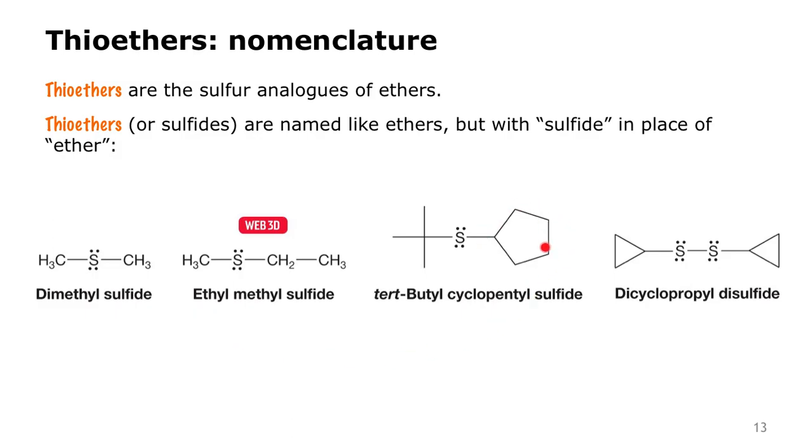Here we have a cyclopentyl group and a tert-butyl group, so tert-butyl cyclopentyl sulfide. And unlike oxygen compounds, where an oxygen-oxygen bond is quite rare, sulfur-sulfur bonds are much more stable, and we find disulfides. This is something that also exists in biological systems, and those are named the same way as sulfides, except that the ending is disulfide.